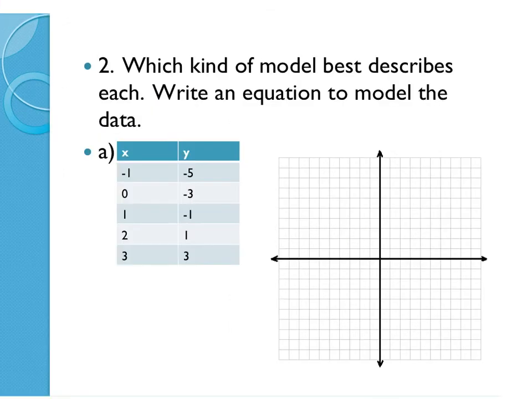First thing we need to do is write down all our numbers. Negative 1, negative 5, 0, negative 3, 1, negative 1, 2, 1, and 3, 3. So go ahead, let's plot these. Negative 1, negative 5.